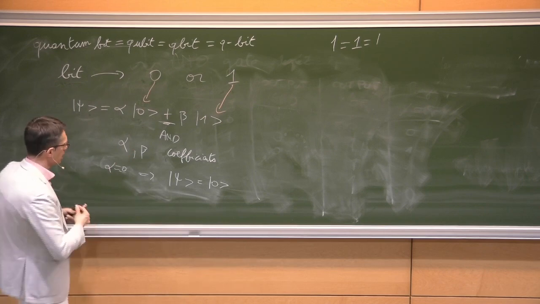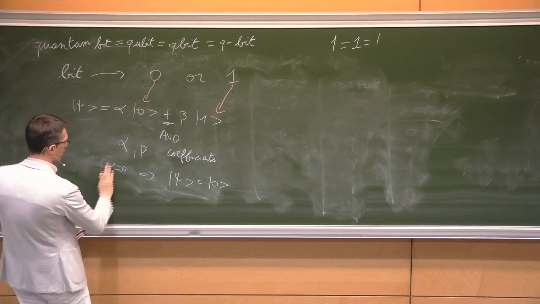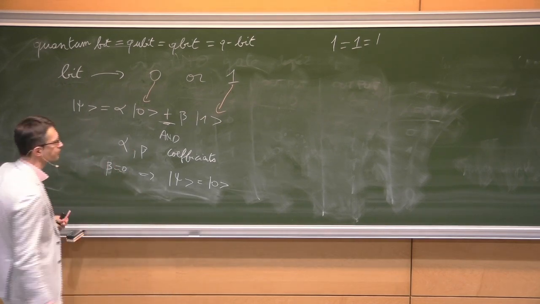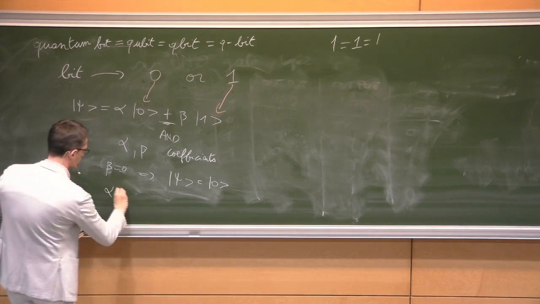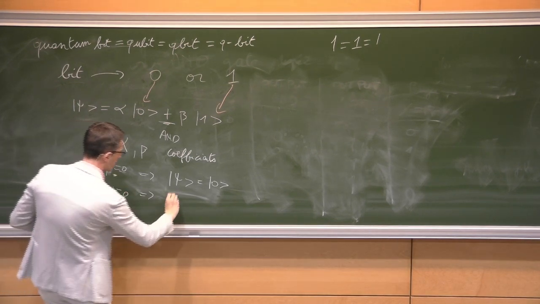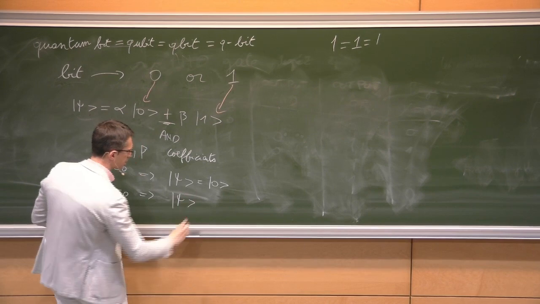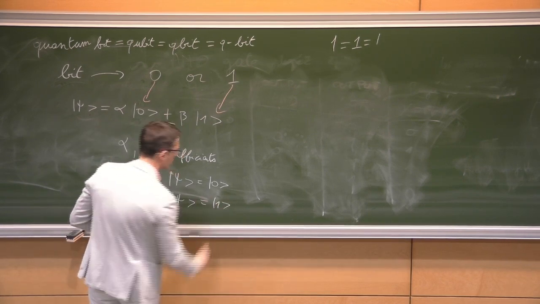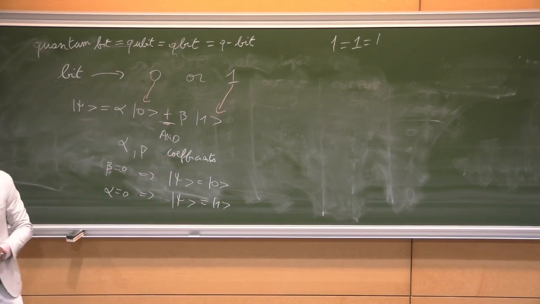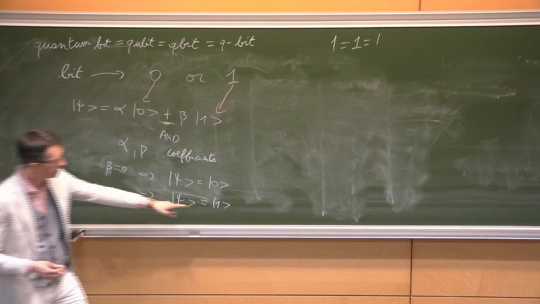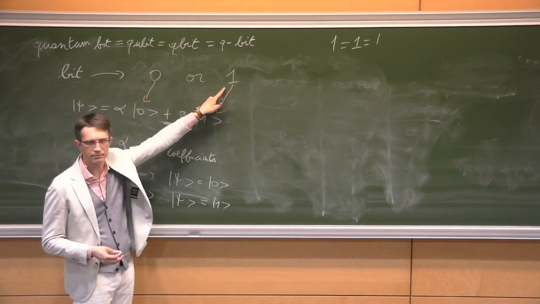But if alpha equals 0, then my qubit would exactly be in the 1 state.